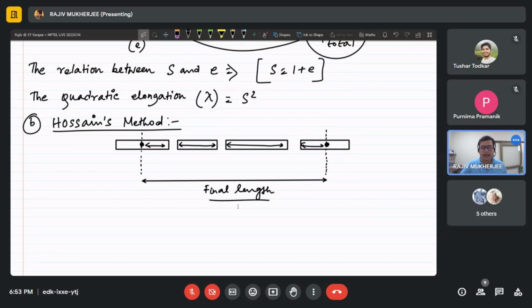And since we are dealing with the ratio of the lengths, it doesn't matter whether we are considering the full length or not. So it is a much more robust method than the Ramsay method, right?